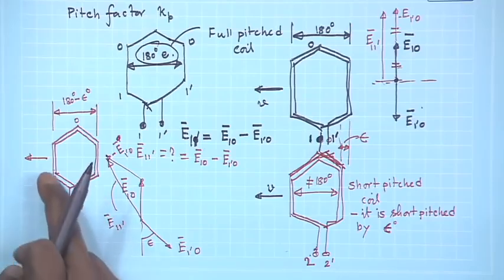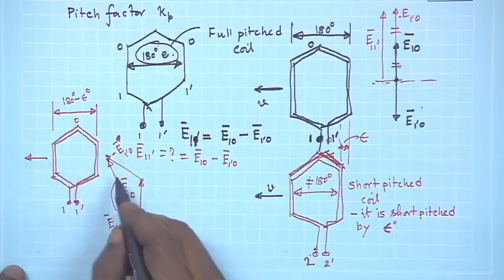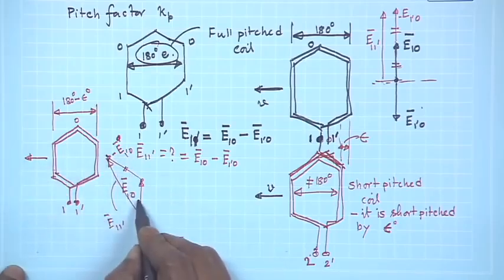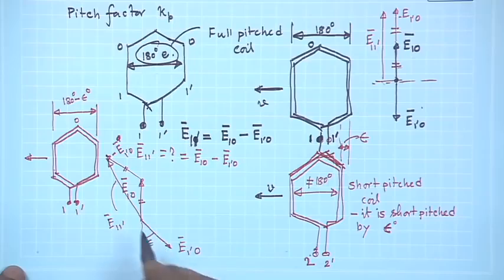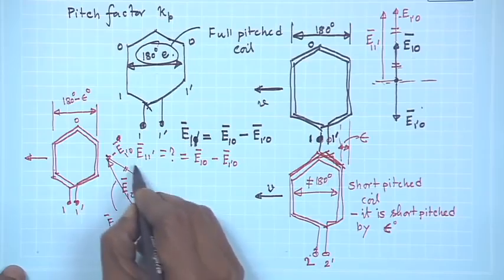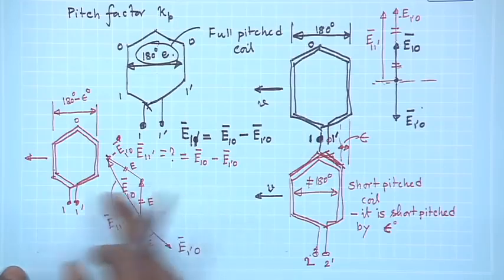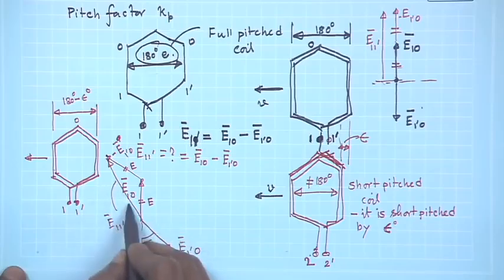Therefore, voltage in each of the coil sides, the magnitudes will be same. If it is E, this will be also E, is it not? I am now sketching the coil side voltage. What will be this length, I want to find out.